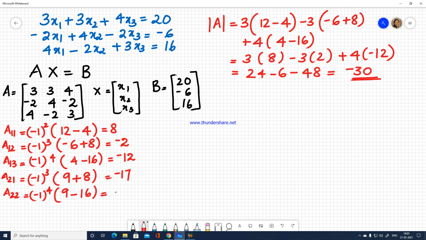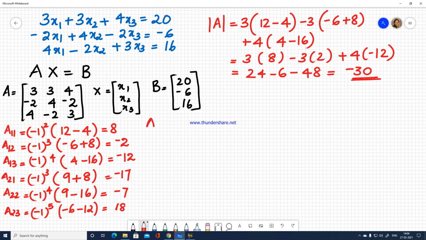So the answer will be minus 7. Then A23 is equal to minus 1 raised to 5. Then cover this column as well as the row. We get the answer as minus 6 minus 12, that is minus 18. So minus of minus 18, that is plus 18.